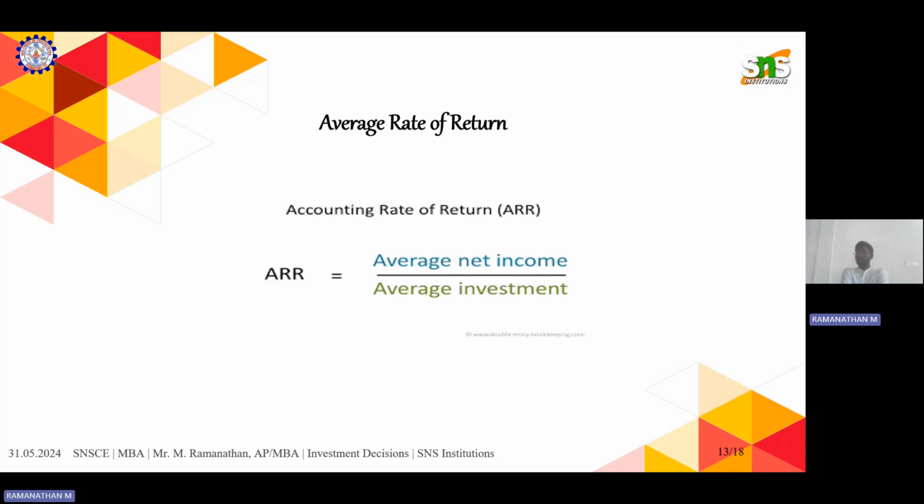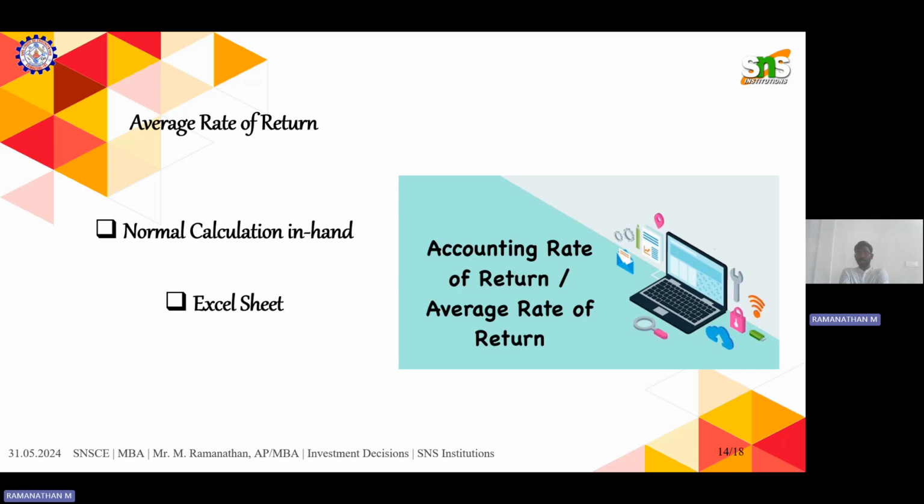If I am investing 10 lakh or 20 lakh initially for the entire period of 10 years, I divide the initial amount by the 10 years. So I can get the accounting rate of return, or average rate of return: average net income divided by average investment. Through hand calculation you can obtain it, or you can use an Excel sheet.